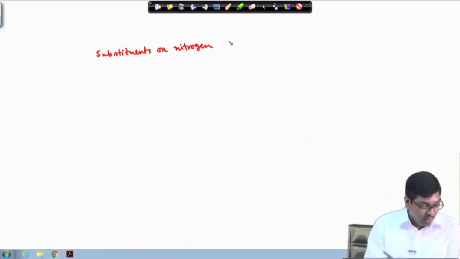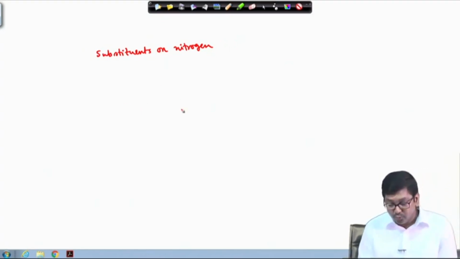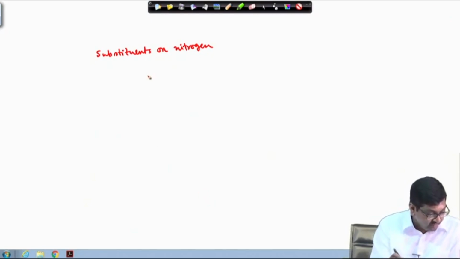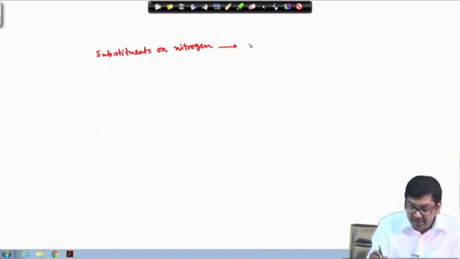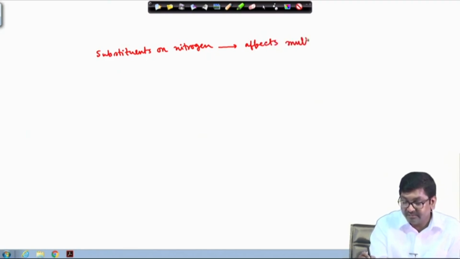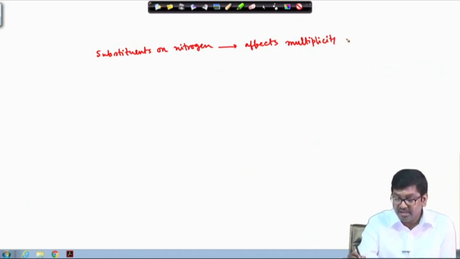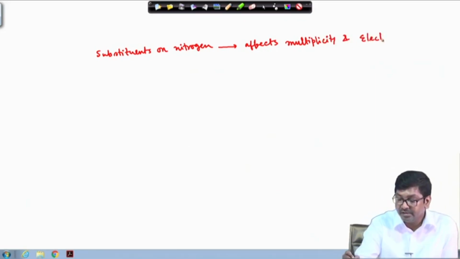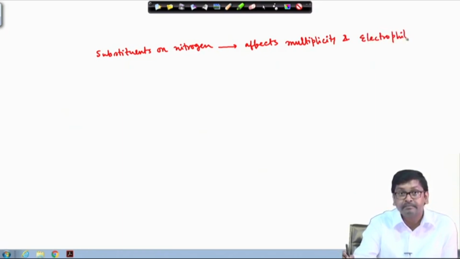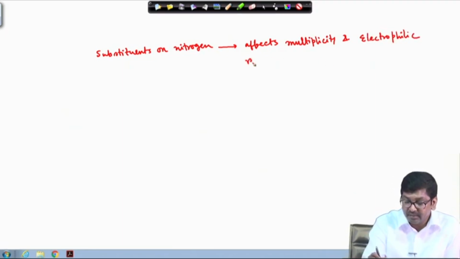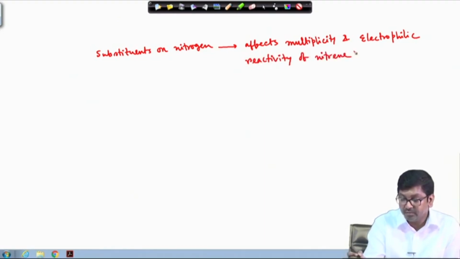Okay. So, if we now put substituents on the nitrogen, what will change? That affects the multiplicity, and obviously the electrophilic reactivity of the nitrene.